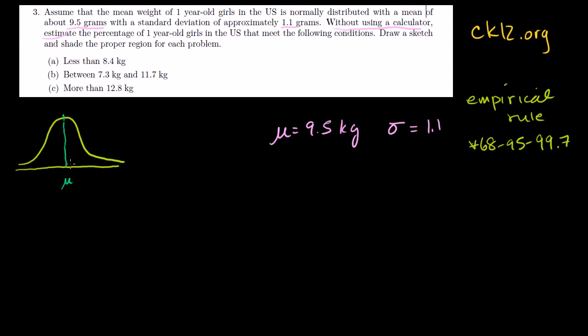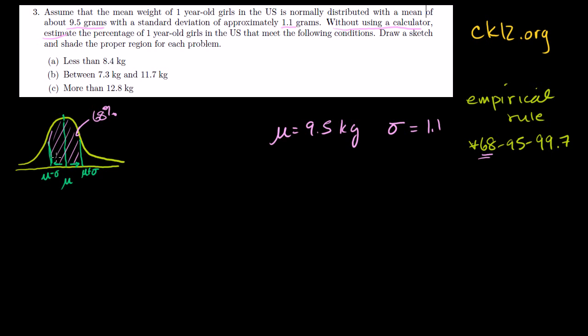If we go one standard deviation above the mean and one standard deviation below the mean, so this is our mean plus one standard deviation, and this is our mean minus one standard deviation, the probability of finding a result, in a perfect normal distribution, between one standard deviation below the mean and one standard deviation above the mean, that would be this area. And you could guess, it would be 68%.